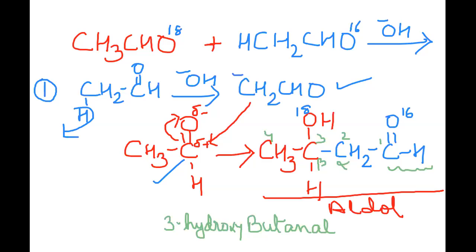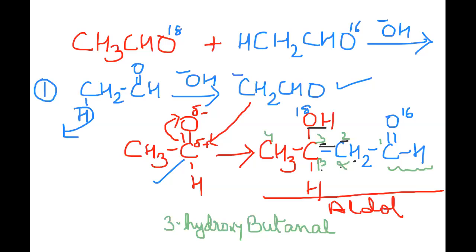If I have to show the double bond in black, you remember, between the second and the third carbon, OH and H of this will be lost and a double bond will be established here. So when this double bond is established, hydroxy group is lost, hydrogen from this CH2 is lost, and an alpha beta unsaturated aldehyde will be obtained.